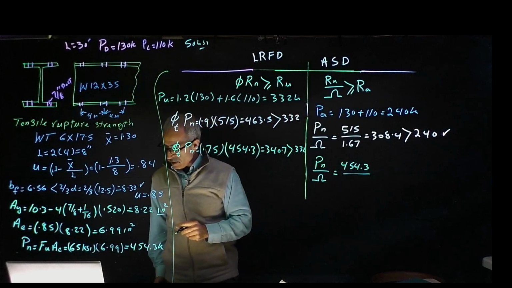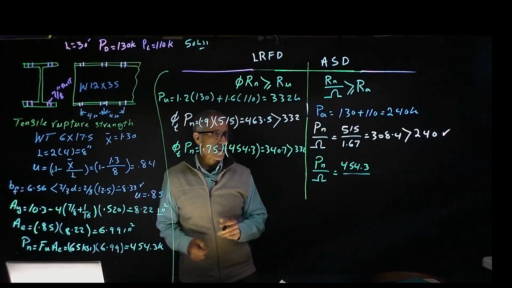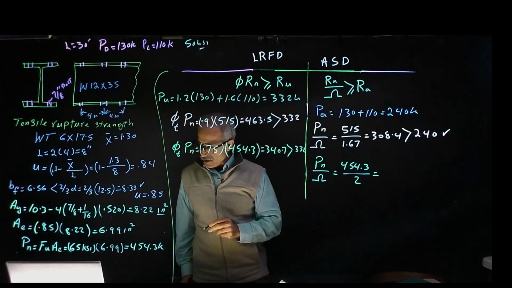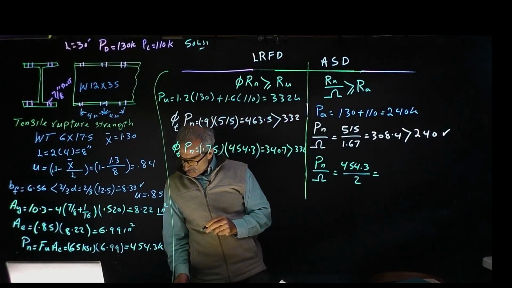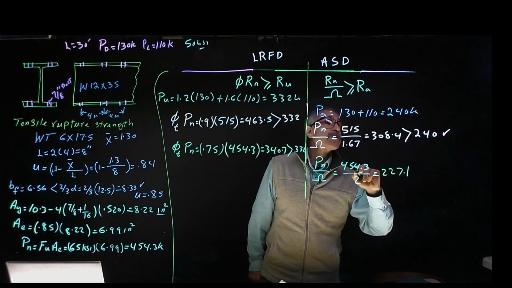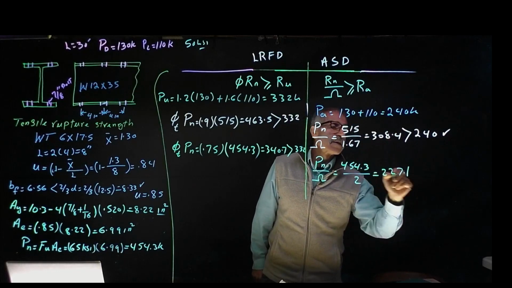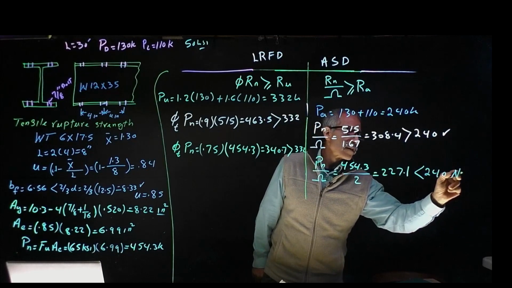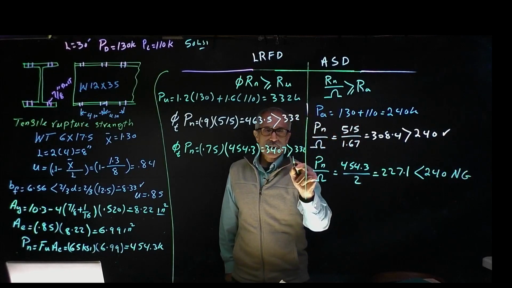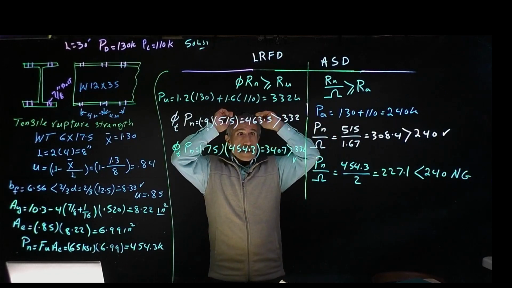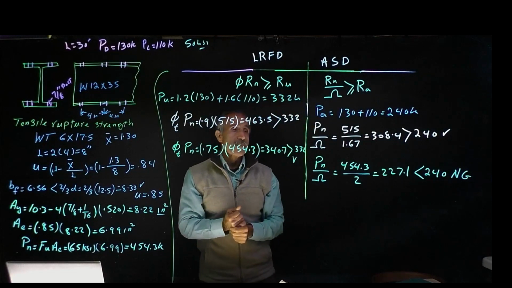However, our omega is equal to 2, and that will give us 227.1, which is not bigger than 240. That is no good. And here's the difference.